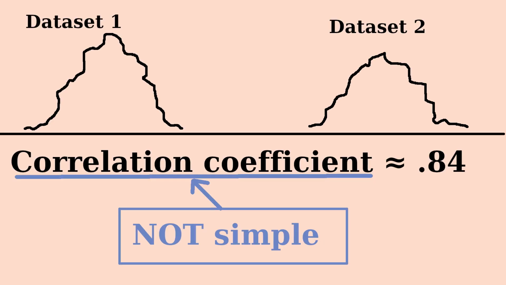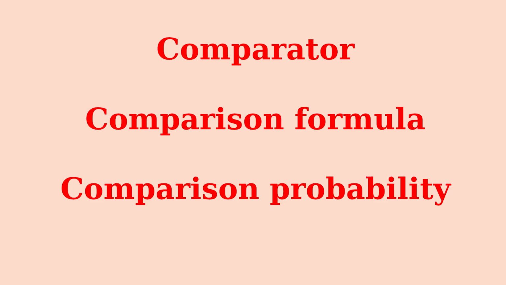Simple names for mathematical things are important too. The term correlation coefficient will cause most conspiracy theorists' eyes to glaze over. Calling it the comparator, comparison formula, or comparison probability gives the scientist a chance of being heard.